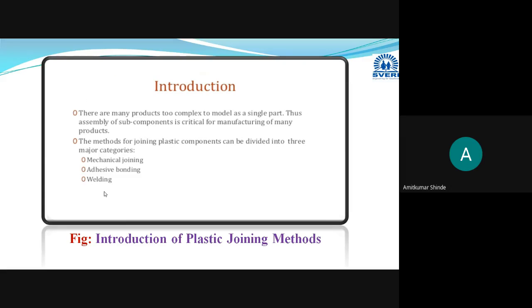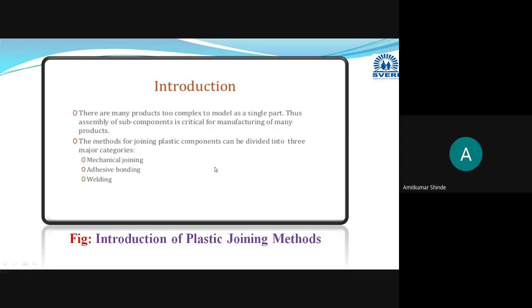Then one by one we will study this. Before that we will go to the introduction or some basic classification of the joining methods of plastic material. I have already explained why these joining methods are required.